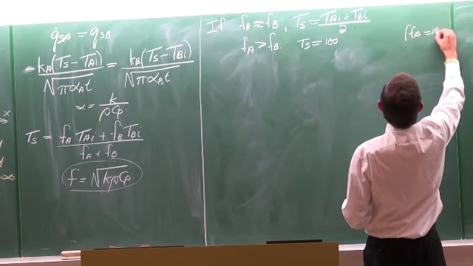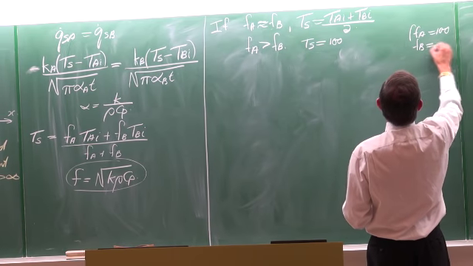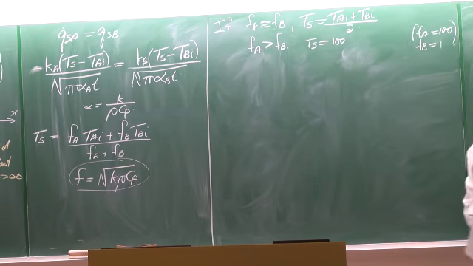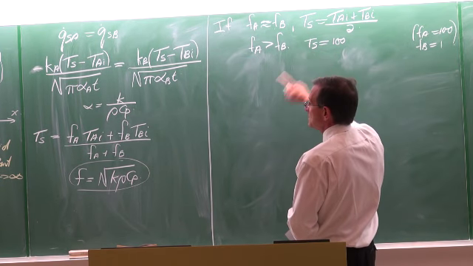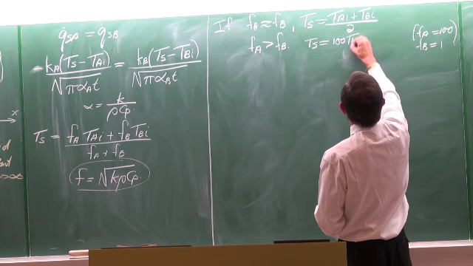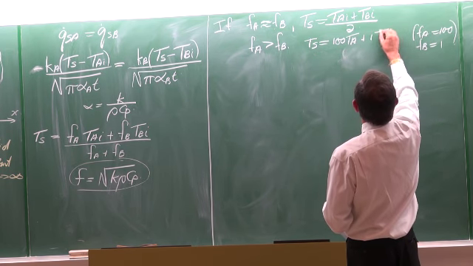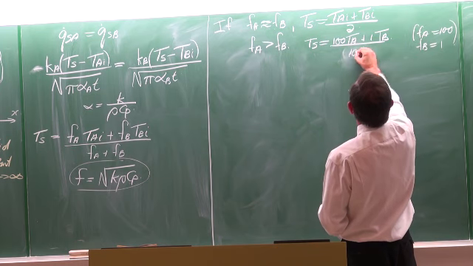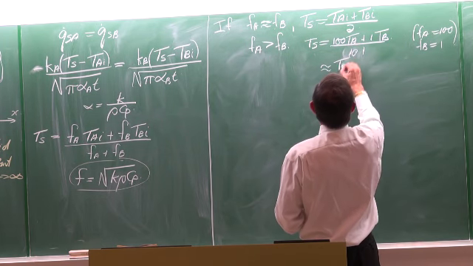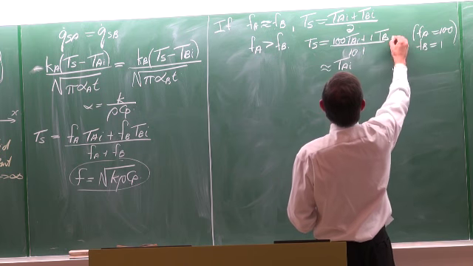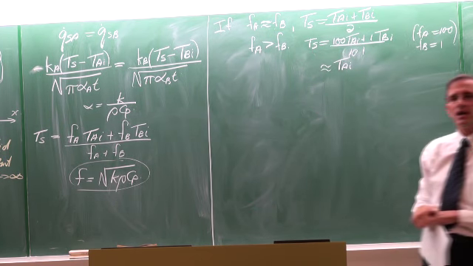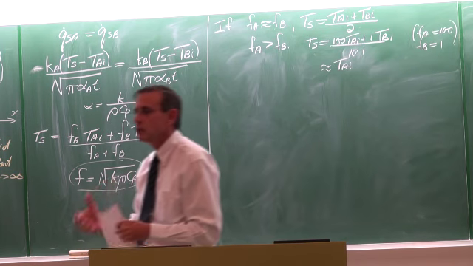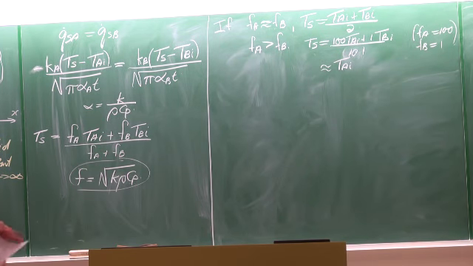So FA is 100 and FB is about 1. So let's suppose it is 100 times larger. Then the surface temperature is going to be 100 times TA plus 1 time TB divided by 101. So the surface temperature is, for all practical purposes, going to be the temperature of body A. So body A would be the determining one in determining the surface temperature.